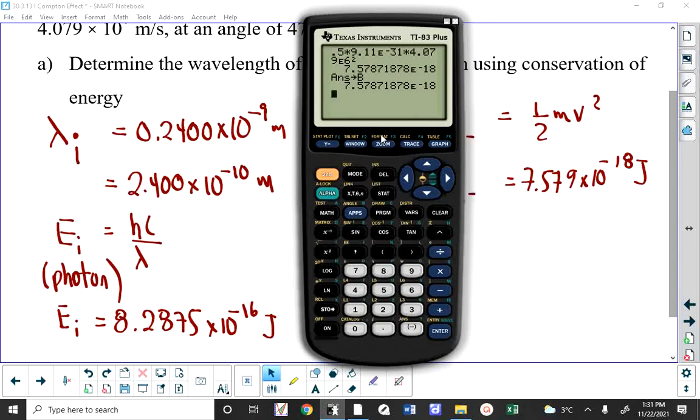So just to check, are you getting for the initial energy of the photon 8.2875 times 10 to the negative 16 joules? And are you getting 7.5787 times 10 to the negative 18 for the kinetic energy of the electron afterwards? Okay.